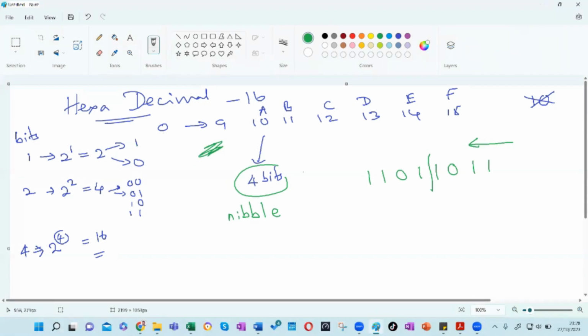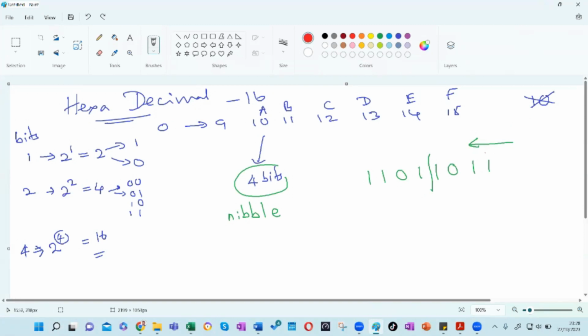Can you hear me? Yes. Right. So you start from the right corner and then you group it into nibbles. A group of 8 bits is called 1 byte and a group of 4 bits is called a nibble. And then you convert each nibble into a denary number.